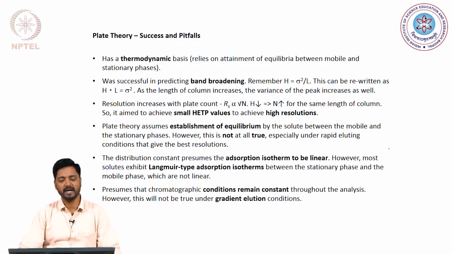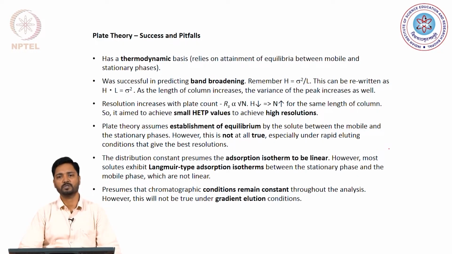First let us look at what the plate theory was in a nutshell, what were its successes and where it did not succeed to the extent that it was required. As you might recollect, plate theory was amongst the first theoretical descriptions for chromatographic separations.